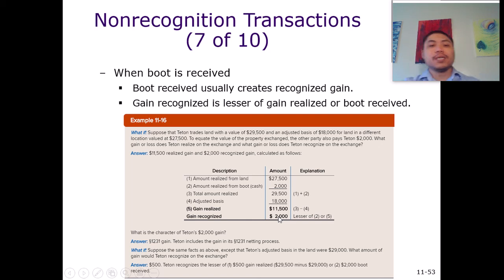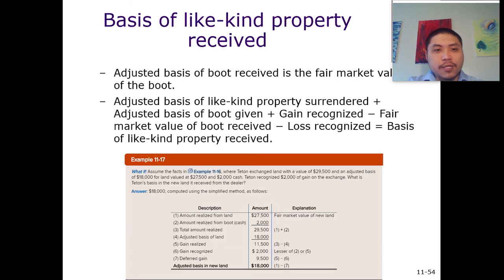All right. So let's move down. How do we calculate the basis in the received properties, the replacement properties, now that we have boot involved in the transaction? There's a formula to calculate the basis in the like kind property received.